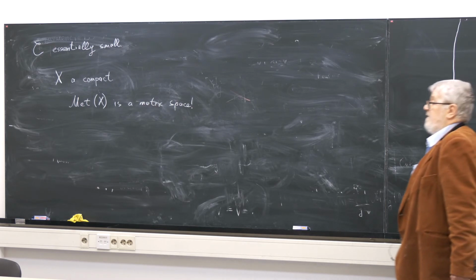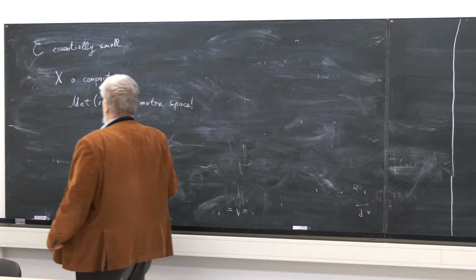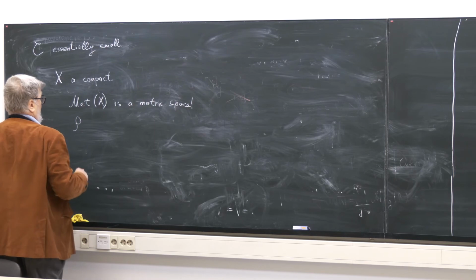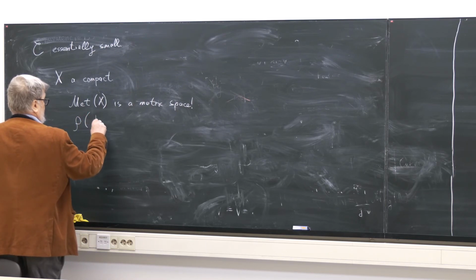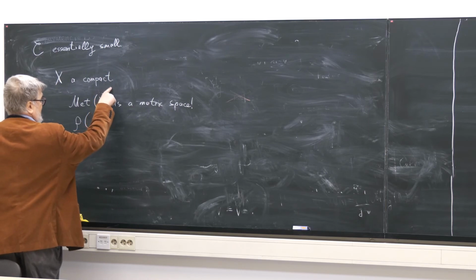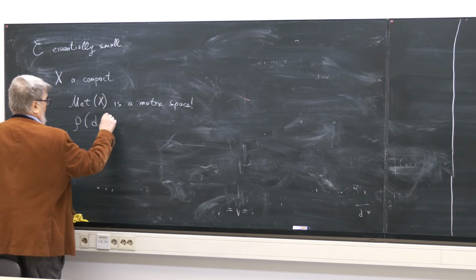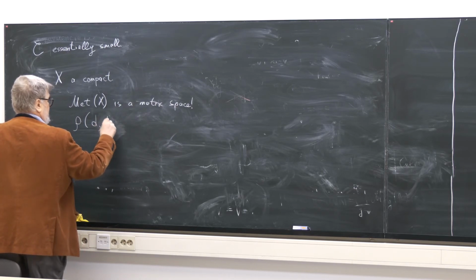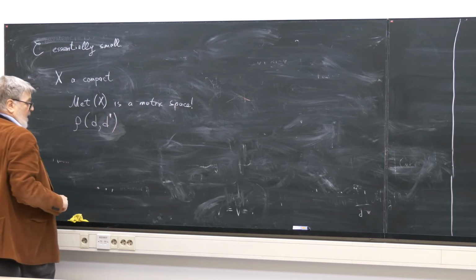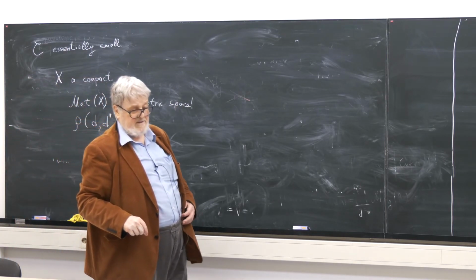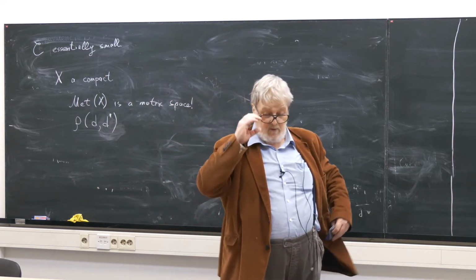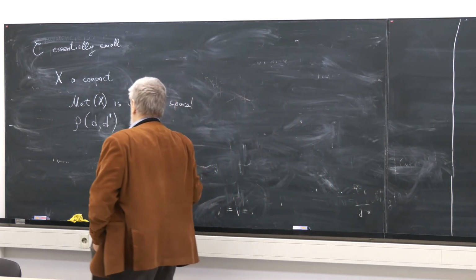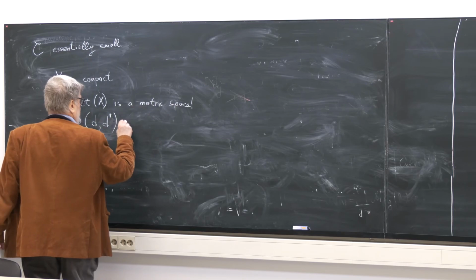So the metric, say, rho between d and d prime. X is fixed, the set is fixed. We consider all the metrics d and d prime inducing the fixed topology. So it is defined in an obvious way.